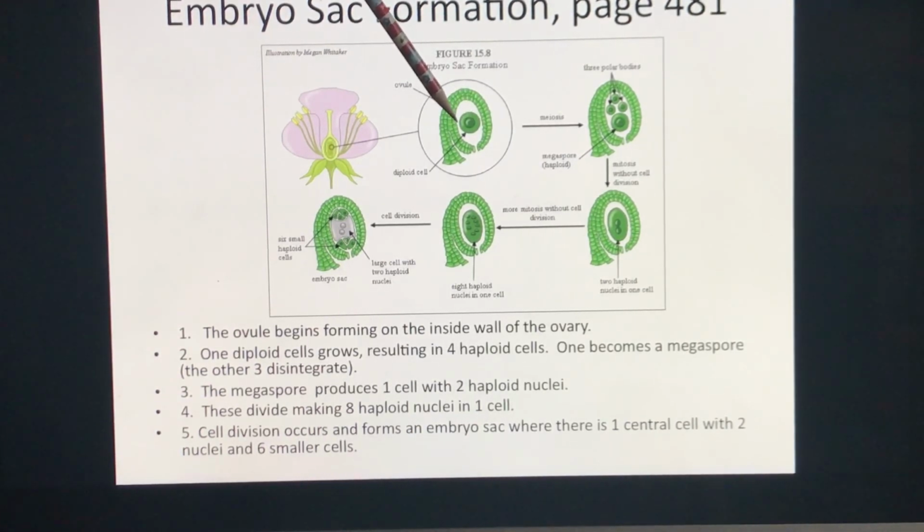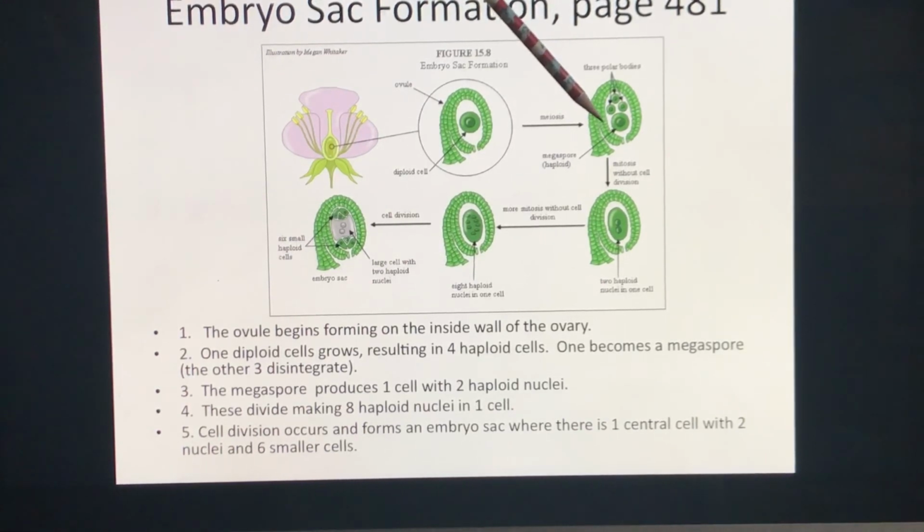It has the full complement of chromosomes, and that divides by meiosis, and you have 4 haploid cells. Now, out of those 4, 3 would be considered polar bodies and basically disintegrate, are not used anymore, similar to animals. However, 1 becomes what's called the megaspore, and it's still haploid, but it's the one that will proceed on.